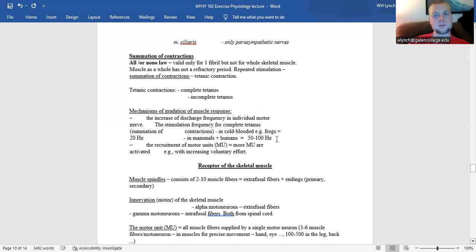If we're looking at something like a cold-blooded frog, it's going to be about 20 hertz. Mammals, humans, 50 to 100 hertz as far as the electrical potential. At the maximal contraction, we have the recruitment of all the motor units that are there. More motor units are going to be activated with an increasing voluntary effort.